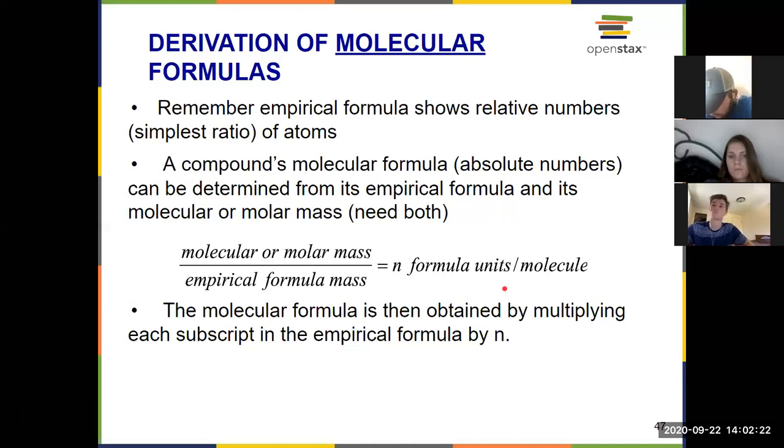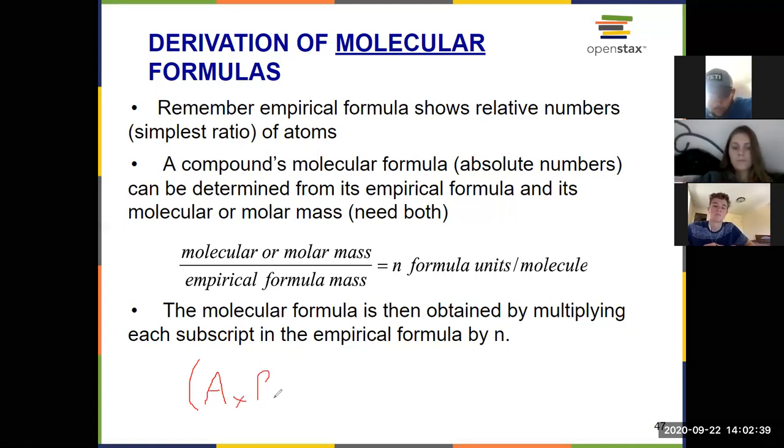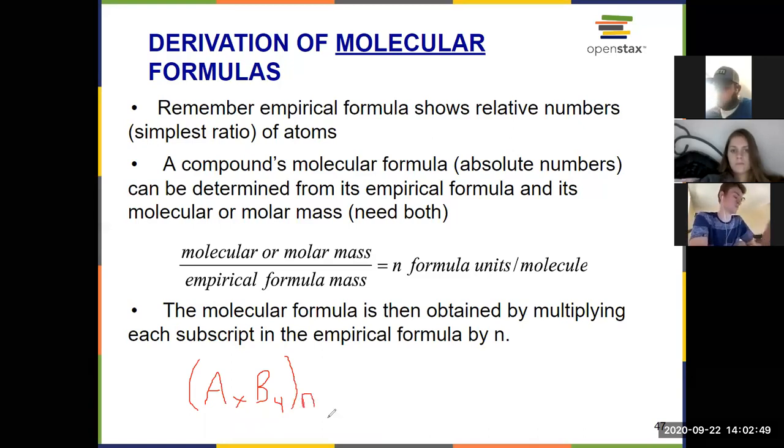And really what you're thinking about here, and this is going to be a little bit sloppy, so I apologize, is we're solving for an empirical formula. So you can think about it like A sub X, B sub Y. And that's an empirical formula. What we have to figure out is how many of those empirical formulas go into the molecular formula.